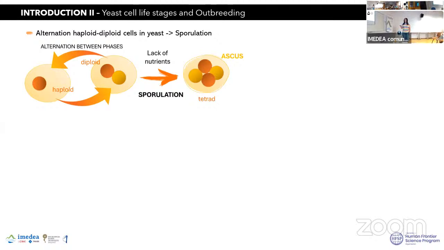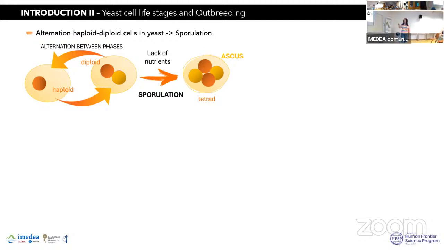This type of strain has an alternation between two phases. Normally we have the haploid cells that change to diploid, as you can see, doubling the genes inside. This is one of the main phases where the yeast cells stay.